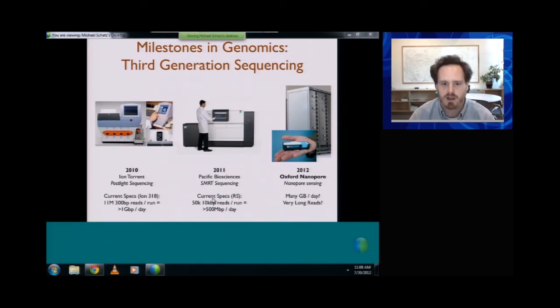There's a picture of the instrument in someone's hand. It would be able to sequence the human genome, they say, in about 15 minutes and for about $1,000. This is going to dramatically change the nature of biology and sequencing, because suddenly we can have this very portable device that can make measurements and sense the biological environment around us.